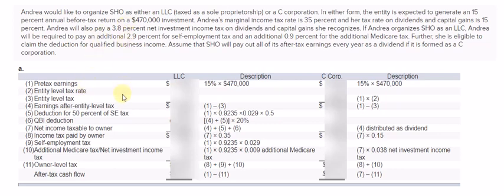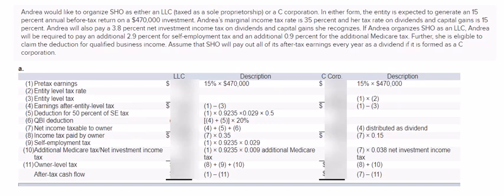And then we've got to include the 15% annual before-tax return. Once we calculate that, we then list the entity level tax rate, which is given, and the entity level tax. Now once we have that, we can come up with the earnings after entity level tax.